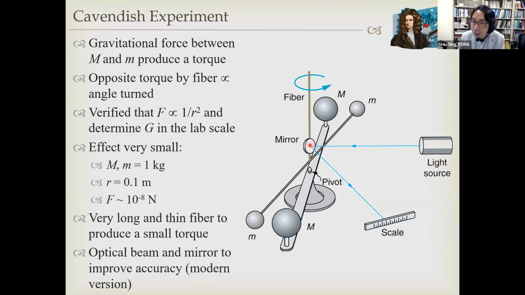The mirror reflects the laser light onto the scale. So when the fiber twists a little bit, the reflection of the mirror will turn, and the angle of turn will be recorded on the scale by the reflected laser beam. That is how you measure the twist to a high accuracy.